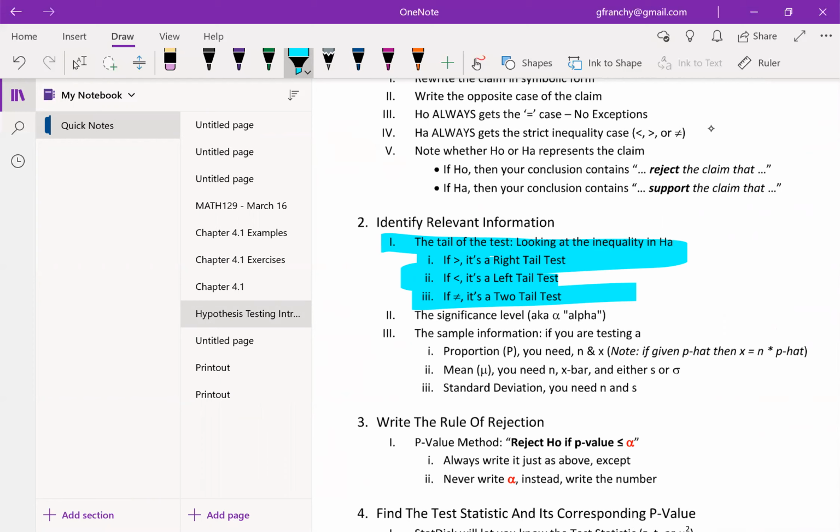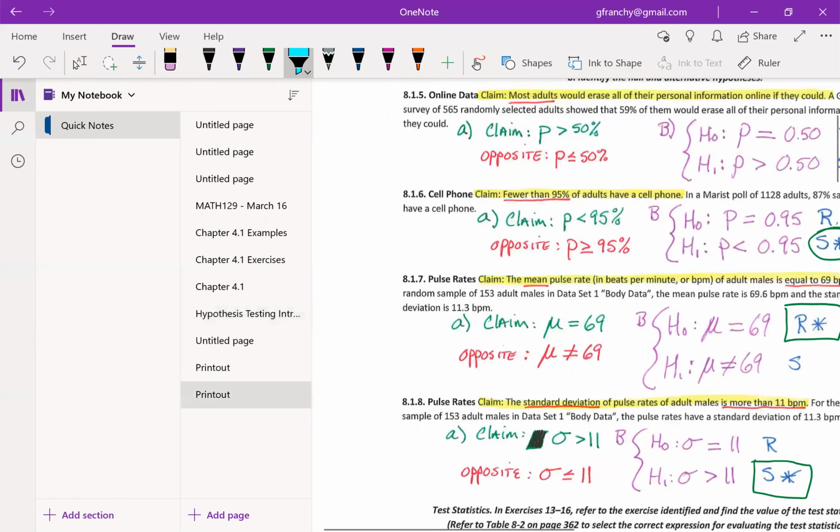So if it's pointing to the right, it's a right tail or upper tail test. If it's pointing to the left, it's a left tail, or also known as a lower tail test. Each of those is only one tail, so collectively we refer to those as one tail tests. And if it's a not equal, that could either be less than or greater than, two choices, two tail test.